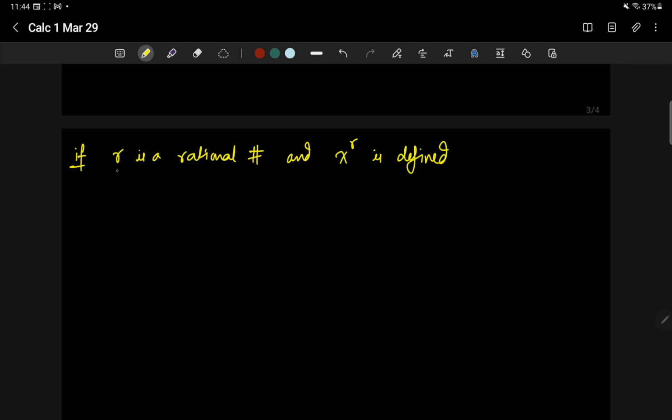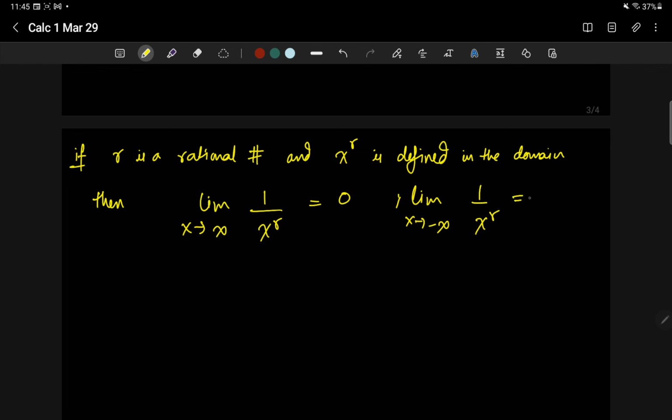Well, for example, if r is half, then its domain will not have negative numbers. Then the limit as x goes to infinity of 1 over x to the power r is always 0. And so is the limit as x goes to negative infinity of 1 over x to the power r.